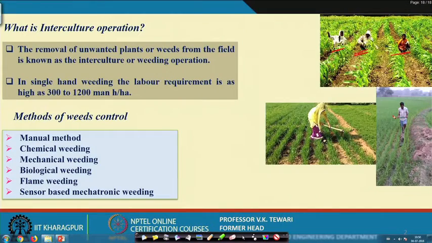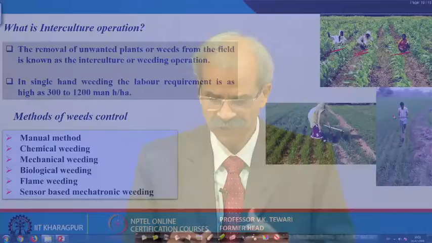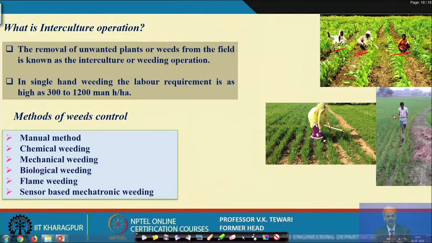In that case, the sensor based mechatronic weeding is an equipment which we have developed at IIT Kharagpur, and in some locations people have developed different types. We will show you the one which we have developed at IIT Kharagpur. Now, let us see some details of these in our subsequent slides.